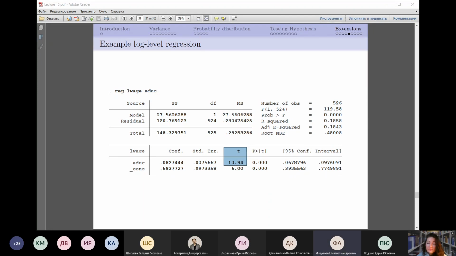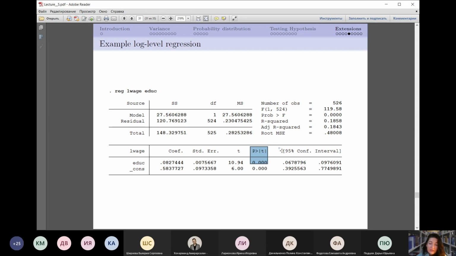Because our p-value is smaller than any alpha, that is why we can reject. Yeah, Elizabeth, you're right. The p-value is less than the significance level, even the 1% significance level.